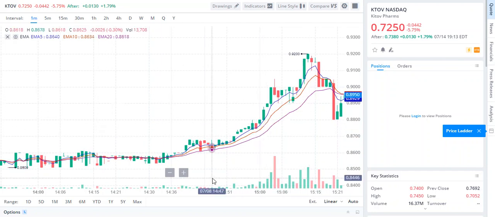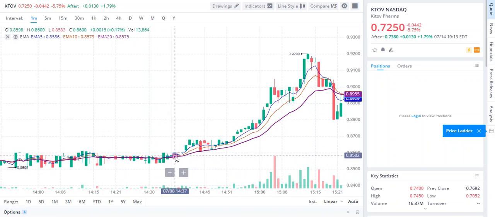That's a good thing. What you might want to do is wait until your candles go above your moving average, your EMA 5. So maybe you wait around here. This looks like a good confirmation. Here it was looking a little sketchy because it went up.